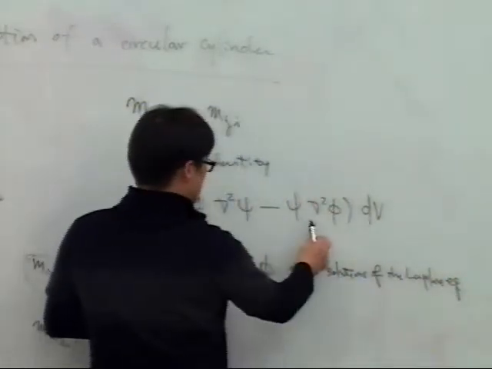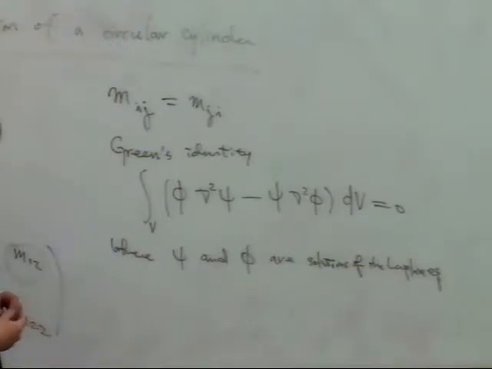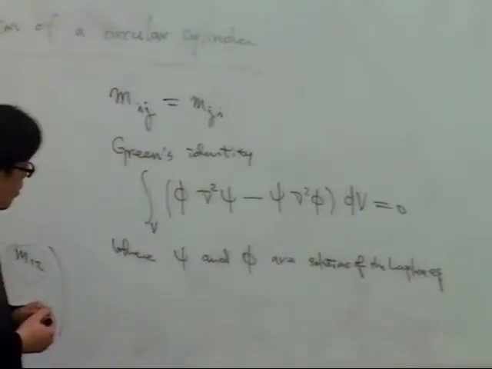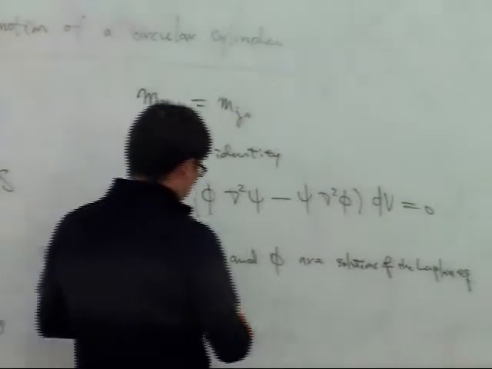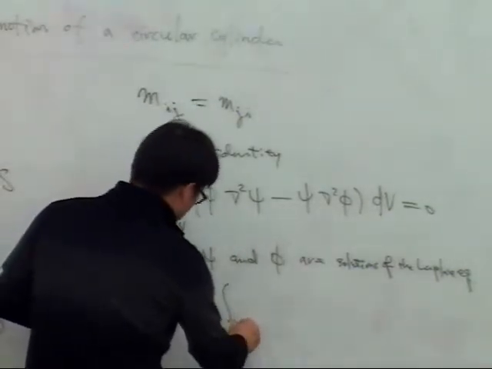Then this is 0, this is equal to 0, right? And then the left-hand side, I can write this way.